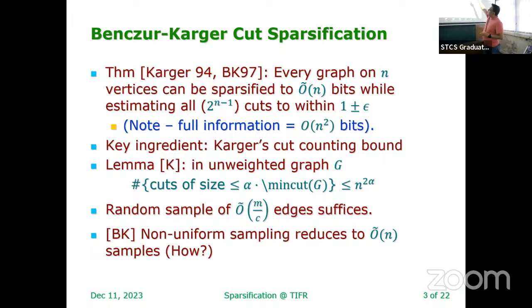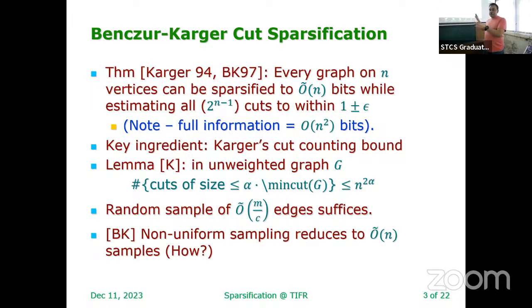The term sparsification I'm using in two different meanings in this talk. In the previous slide, sparsification just meant somehow reducing the amount of information. It was used as a synonym of compression. In this example, you're really saying I have a graph, and I want to take a subset of the edges, maybe add some additional weight information, and use it.